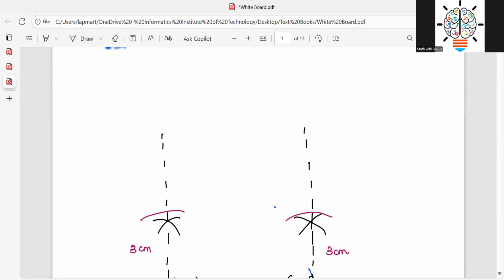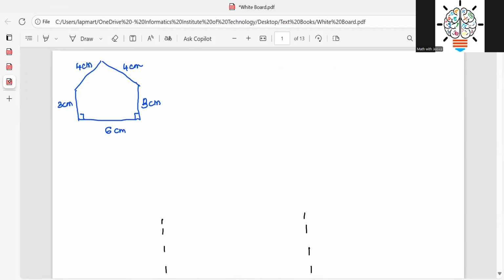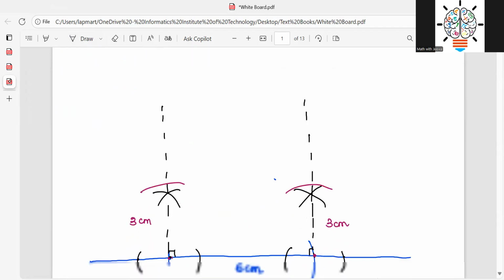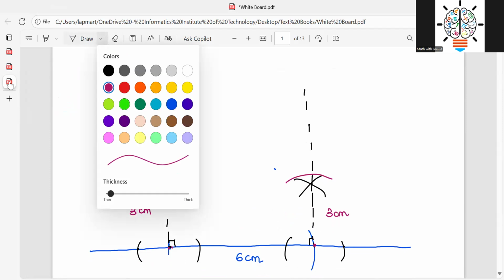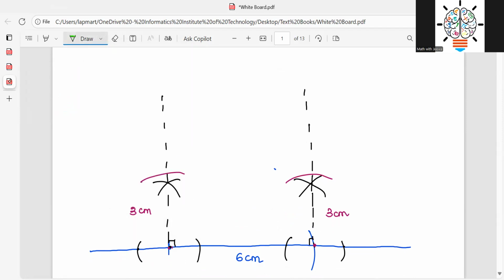Right? So then from that point, you want to measure 4 centimeters. You open your compass and take 4 centimeters, and you draw an arc here from this point. You draw an arc here from this point, that is 4 centimeter. You draw another arc, and then you join these.